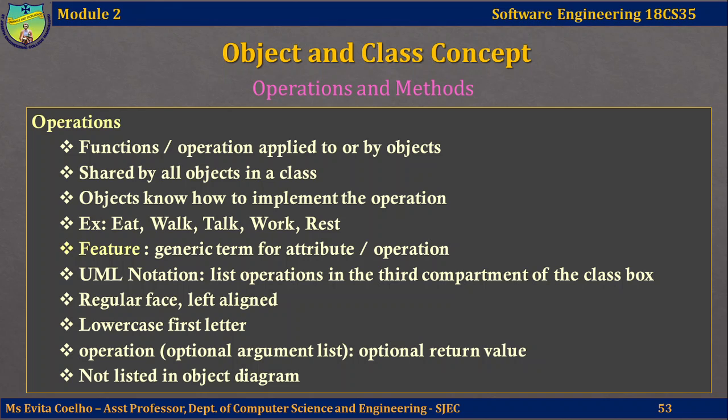Similarly, when you list operations within your class template, these operations will be implemented by all objects that are created using the class template. The UML notation is to list these operations in the third compartment of the class box. Our convention is to list the operation name in regular face, left align the operation name in the third compartment of the class box, and use a lowercase letter for the first letter.